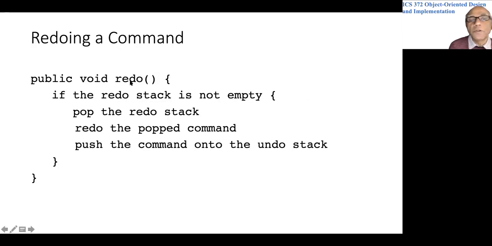The redo operation in the undo manager would work as follows. If there is something in the redo stack, pop the redo stack and push it onto the history stack and ask the popped command to redo itself, which will essentially execute the command again, basically putting the shape back into the model. So it gets displayed.